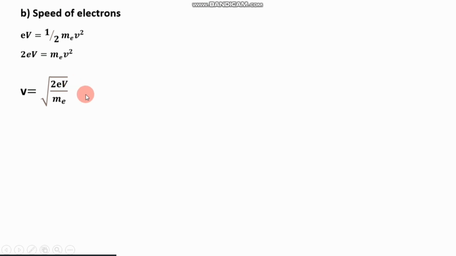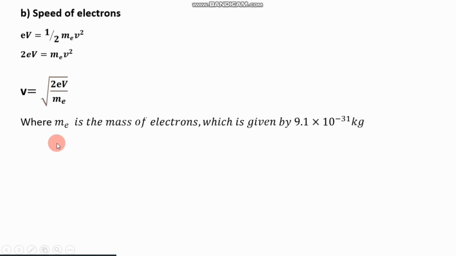We also convert that to the SI unit, remembering the SI unit of voltage is the volt, capital V. So we convert 18 kilovolts to volts by multiplying by 1000, and we get 18,000 volts. Now we substitute all those values in this formula. The m is the mass of an electron, which is 9.1 times 10 raised to power negative 31 kilograms, and v is the speed of electrons.